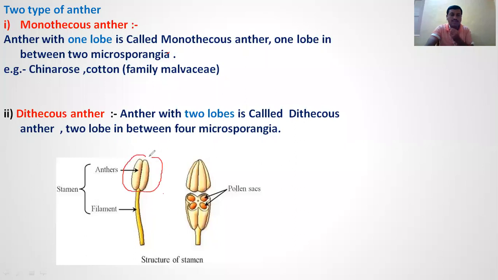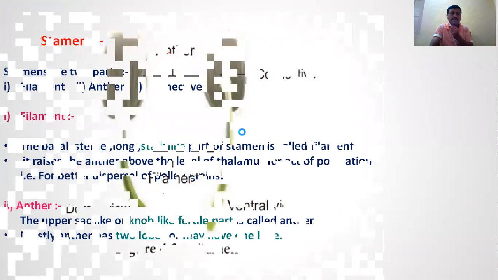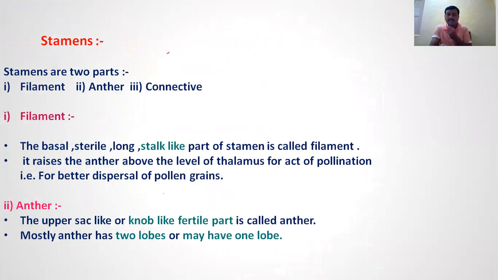These portions are called the lobes. Okay, one lobe and two lobes. Mostly, anther has two lobes or may have one lobe.